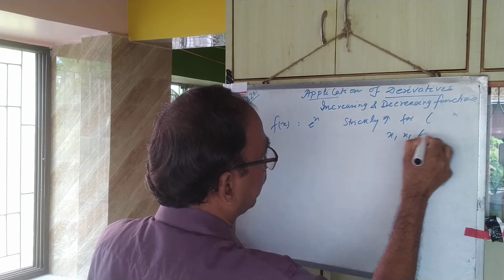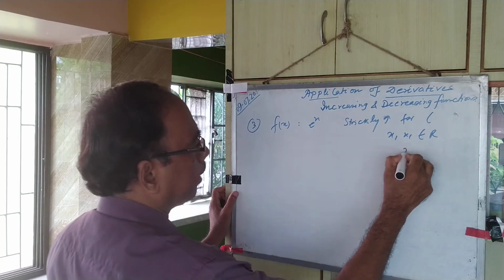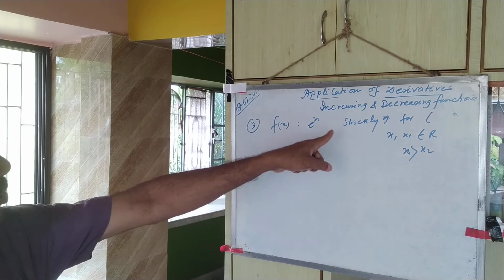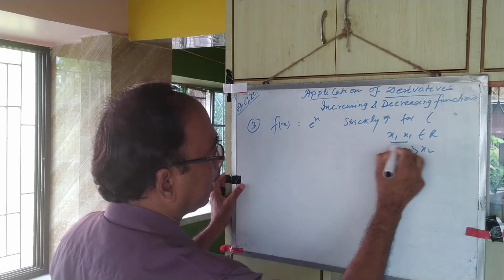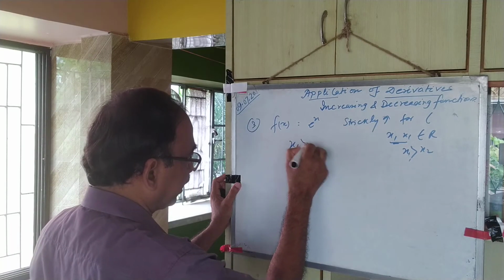You have to prove it is strictly increasing for x1, x2 belonging to real numbers with x1 greater than x2.